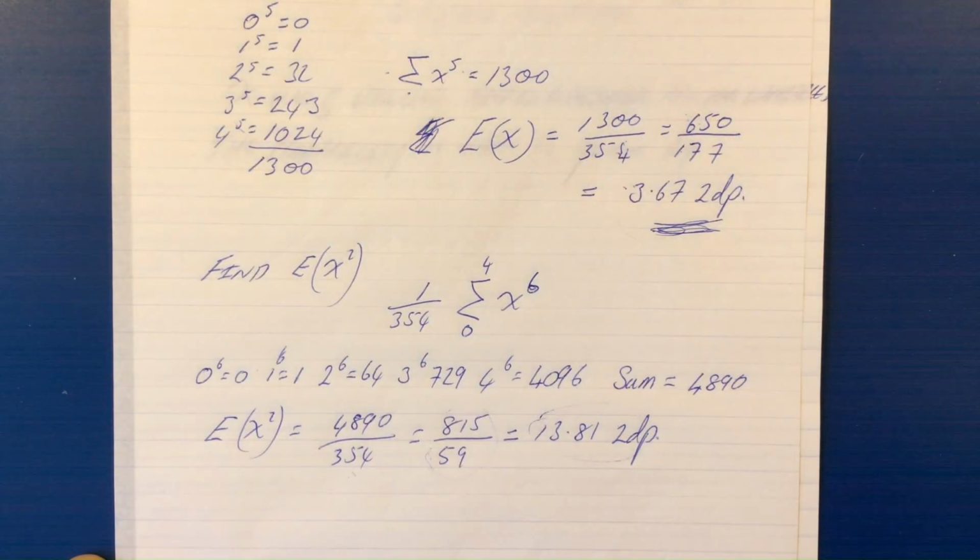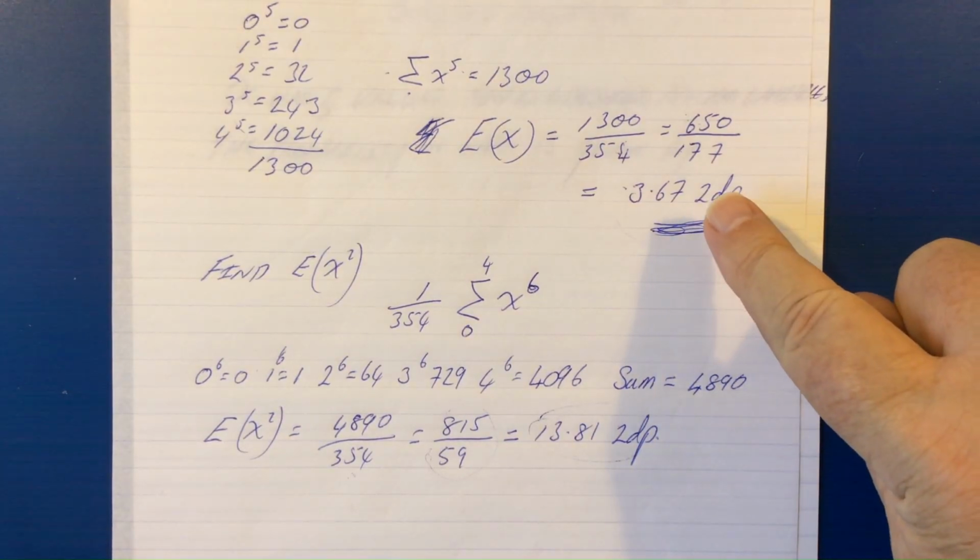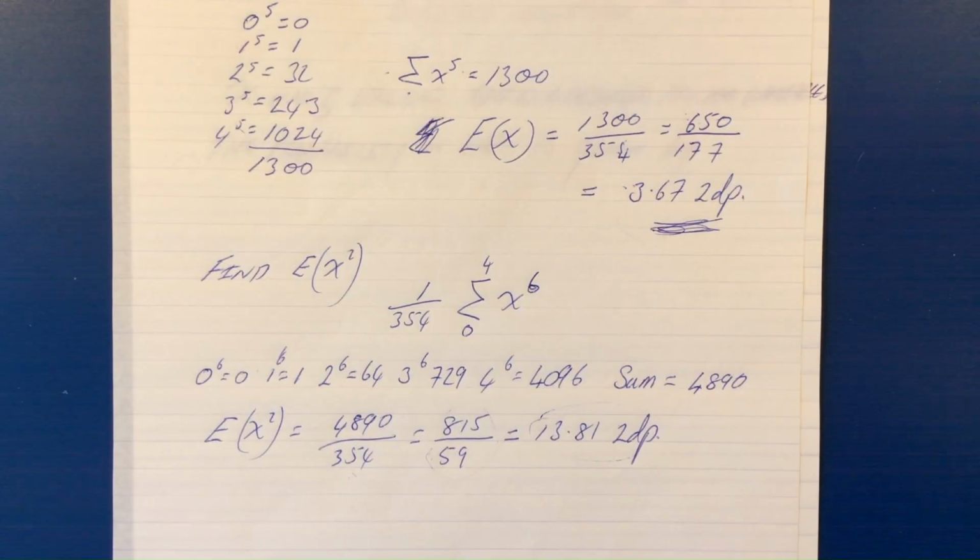Okay, so where do we go from here? Well, the risk is that we use this number and this number to go ahead and calculate the variance. There's a lot of rounding that's gone on, and I did this on a calculator, and I found that I was 0.03 out from the value I got when I just used fractions.